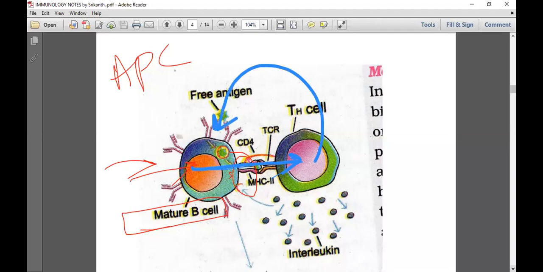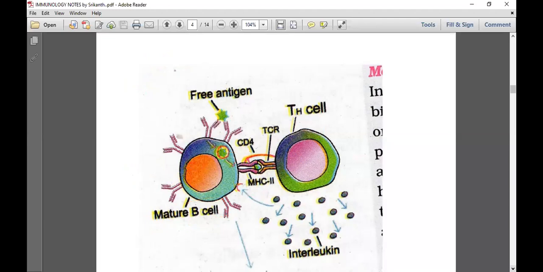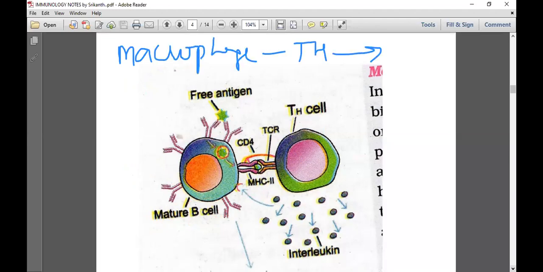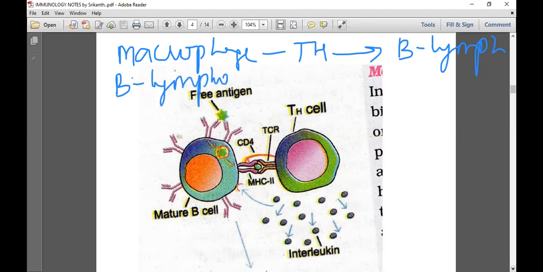Okay, so if we come to the story of macrophages, it goes like this. Macrophages are APCs, which present the antigen to the T helper cell, and they help the T helper cell present to the B lymphocyte. But in this case, B lymphocytes are also antigen presenting cells. So the B lymphocyte processes the microbe, and the microbe is given to the T helper cell.